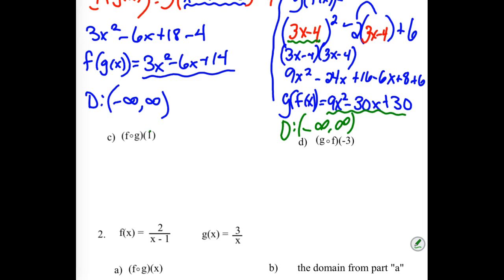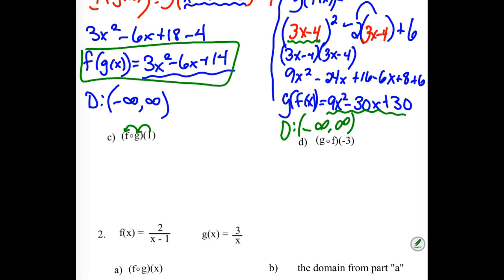Rather than dumping a 1 into function g and then taking that answer and dumping it into function f, we've already done the composition. We've already figured out that the composition of f with g is 3x squared minus 6x plus 14. So now we can just dump that 1 into that version.